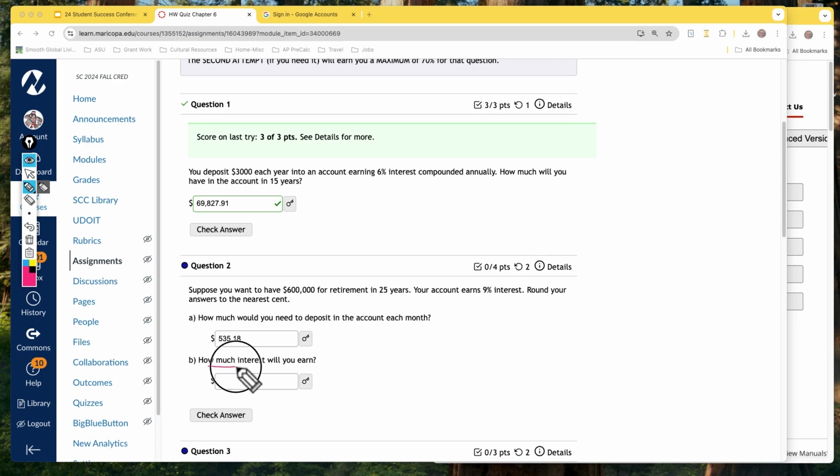To answer this question about interest, we're going to take our monthly payment, the amount we're putting in each month, and we're going to multiply it by the number of months we're going to put that away, which is 300, right? 25 years times 12. So 535.18, that's each month. We're going to make that 300 times. How much money did we put into this account?